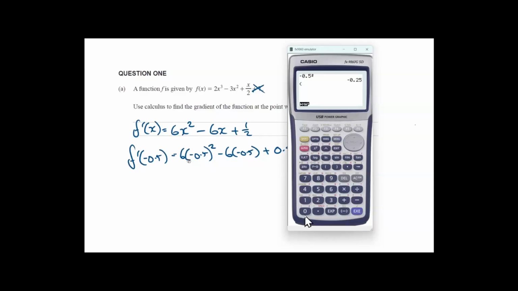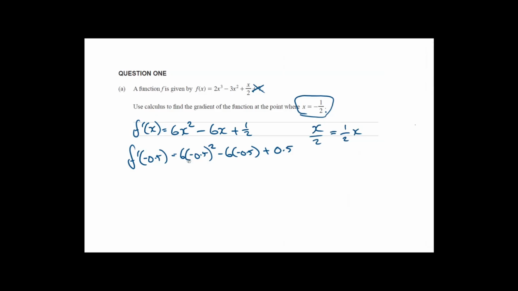If, though, we put it in the calculator and put it in brackets, we get a different number. It's a glitch on the Casio calculators. I think the later ones, this glitch is fixed, but you should know that a negative number times a negative number is going to be a positive number. So this is wrong, this is right. Okay, so saying that, let's get back to it.